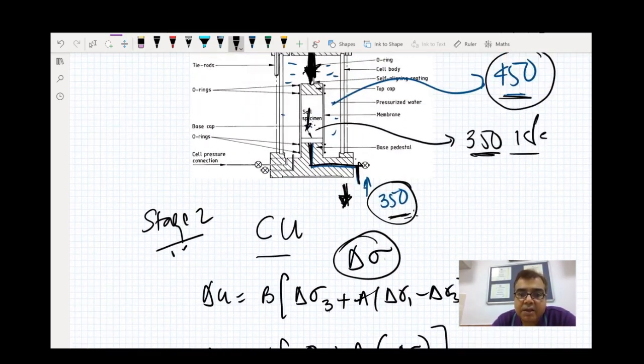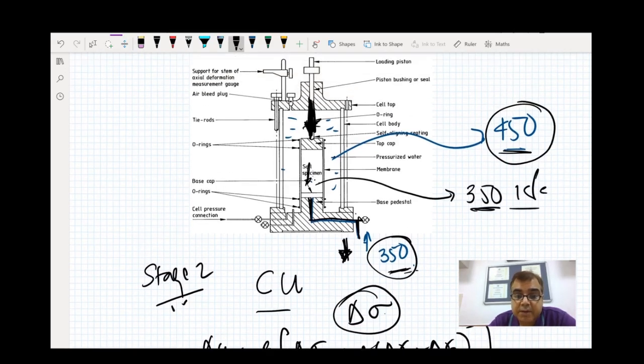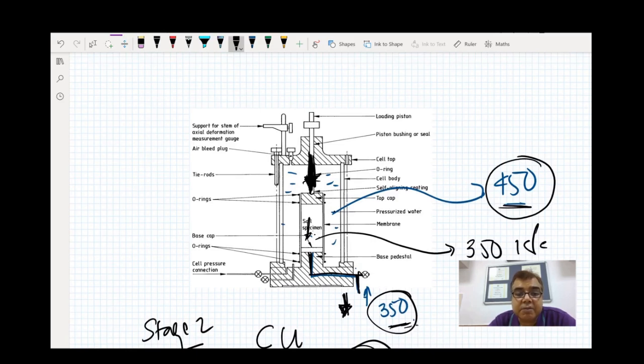So anything higher or even lower, because your pore pressure can even drop if the sample is over consolidated. Even in that case, my pore pressure, the 350, will still try to maintain and fix this value.